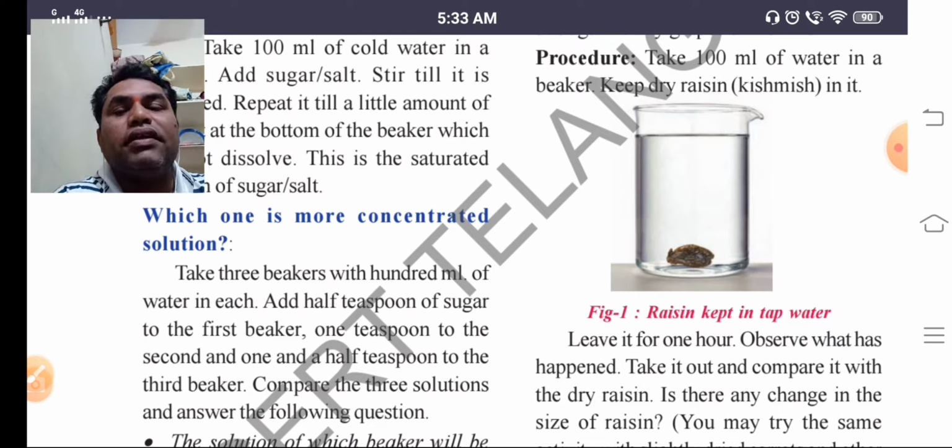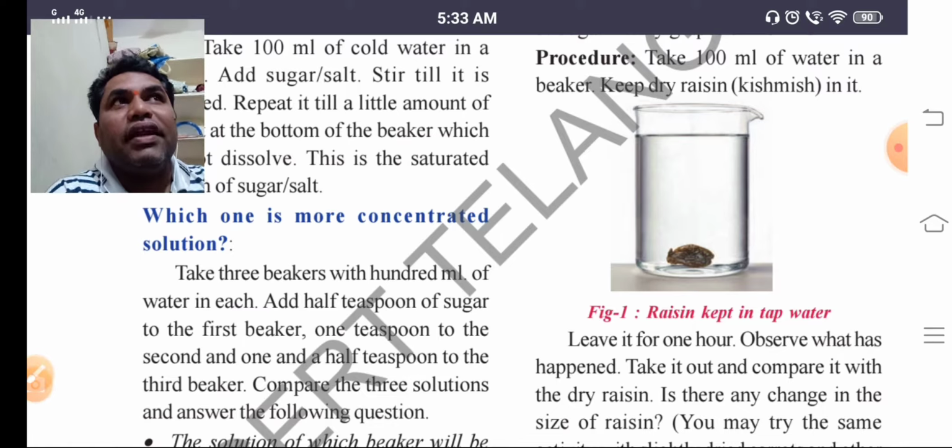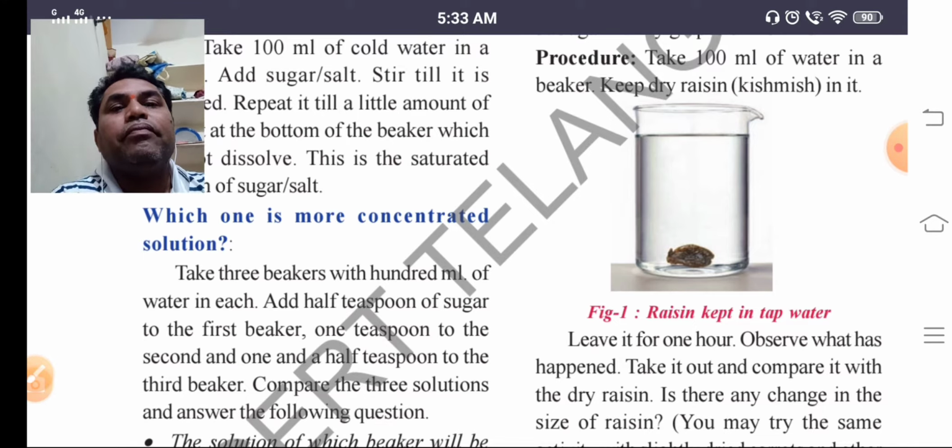And in the third beaker, you have to add 1.5. So from these 3 beakers A, B, C, the beaker which contains 1.5 teaspoons of sugar has the more concentration.